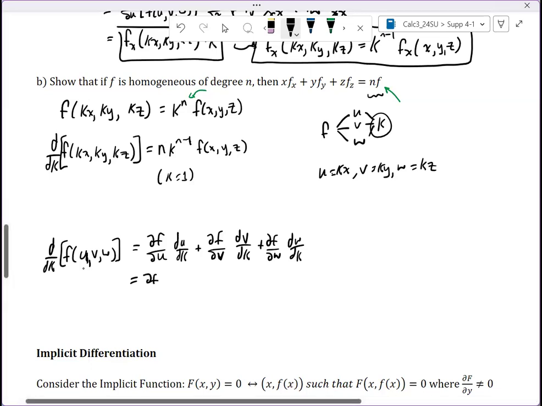Or this is partial of f with respect to u, and du/dk, thinking of k as the variable here, is just x. And then I have partial f with respect to v times dv/dk, which is just y. And partial f with respect to w, dw/dk is z.